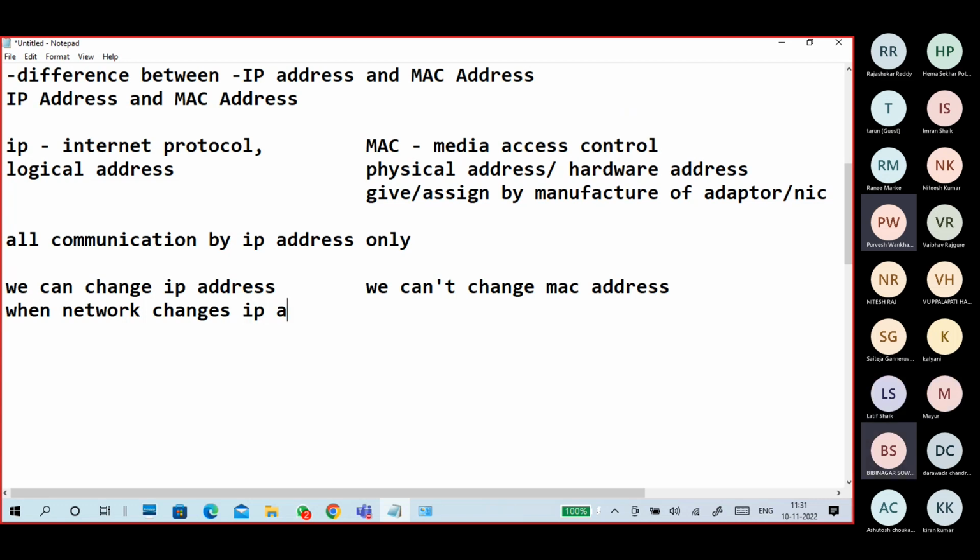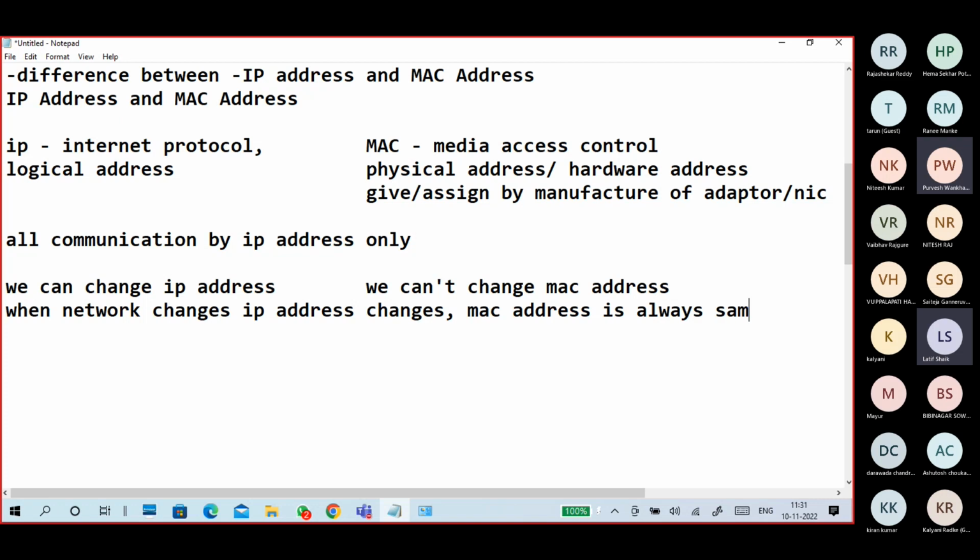IP address is either IPv4 or IPv6: IPv4 is 32-bit and IPv6 is 128 bits. MAC address is always the same, no changes. Very good.